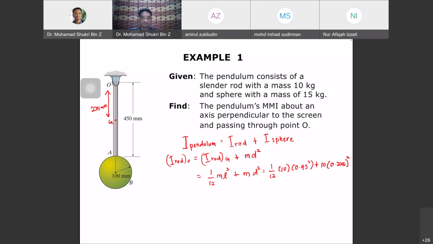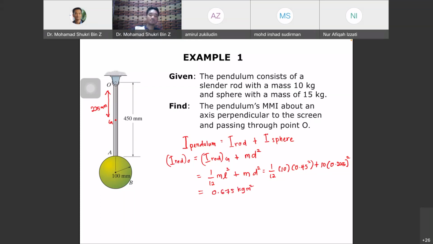The answer here, boleh ambil calculator lah kira. So 1/12 darab 10 darab 0.45 square plus 10 darab 0.225 square. So you get 0.675 kilogram meter square. So we settle for I rod pada O lah.